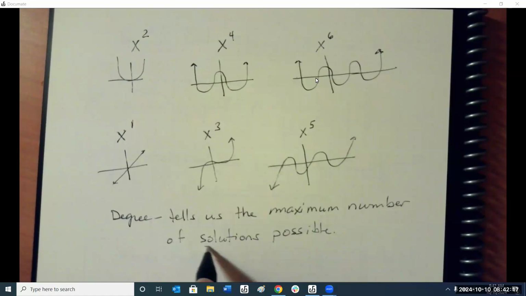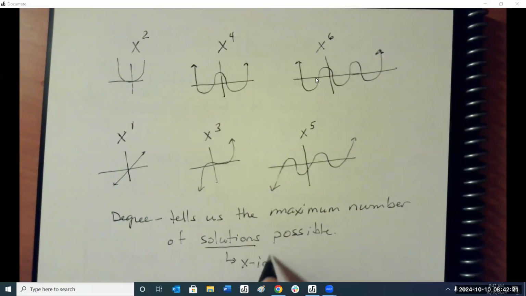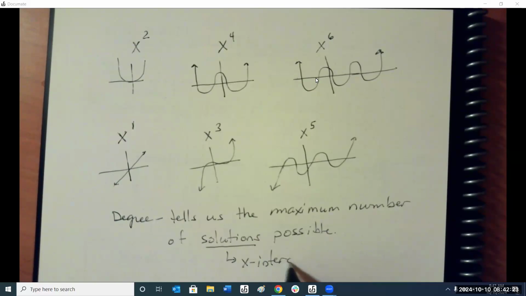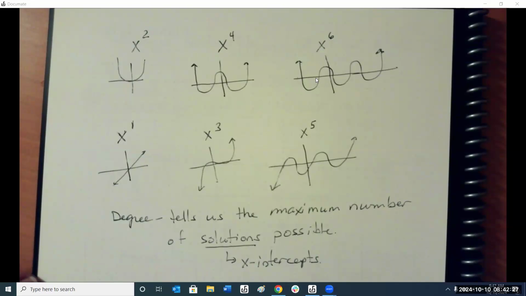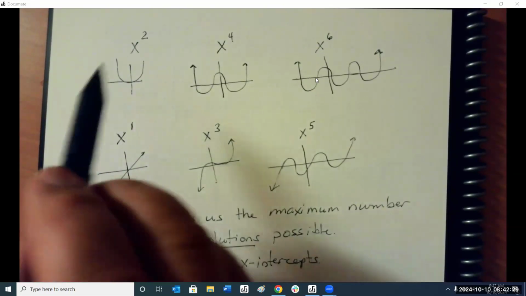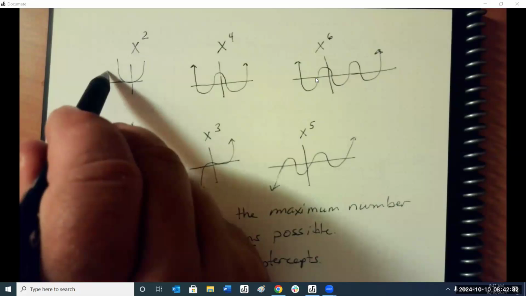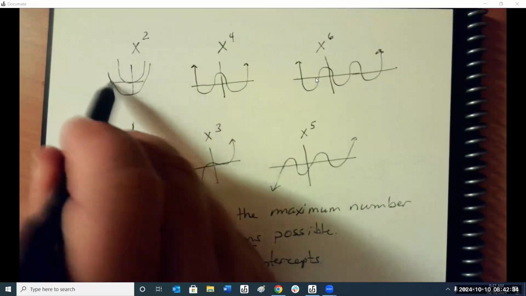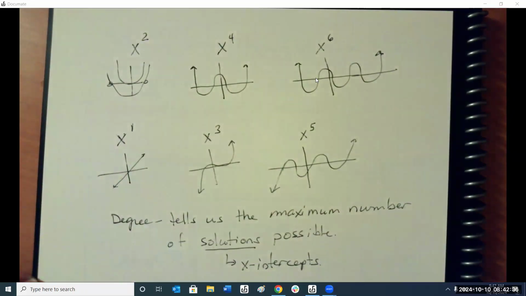Remember, solutions are what we call x-intercepts also. So the squared equation, at most, we can cross it twice.